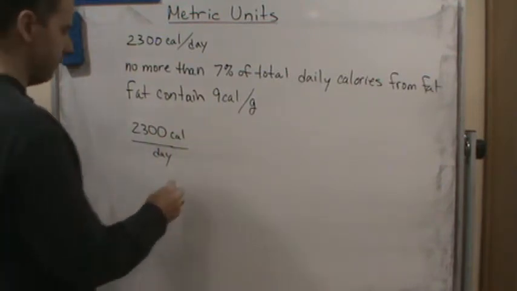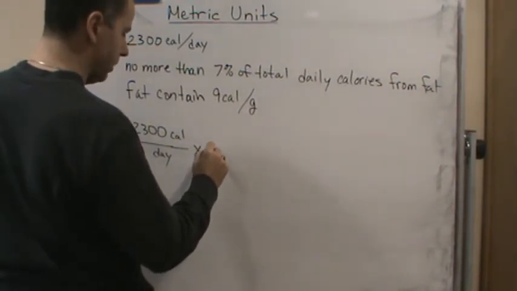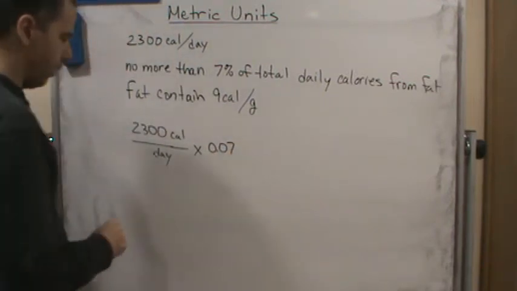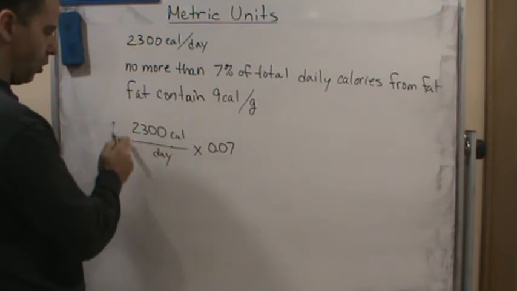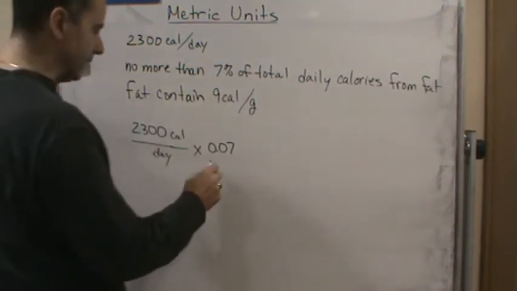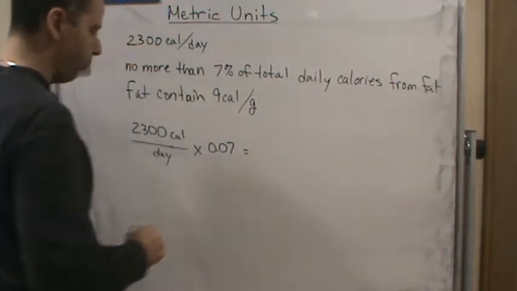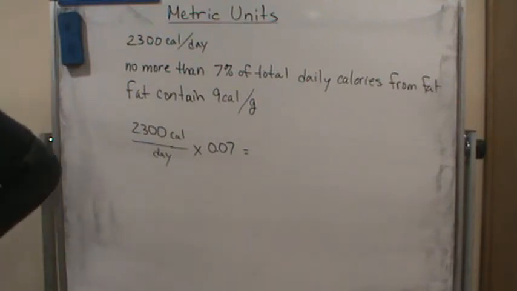So that means that we're going to multiply this by 0.07, because we need to find out 7% of her total calories. What's the maximum number of calories that should come from saturated fat?